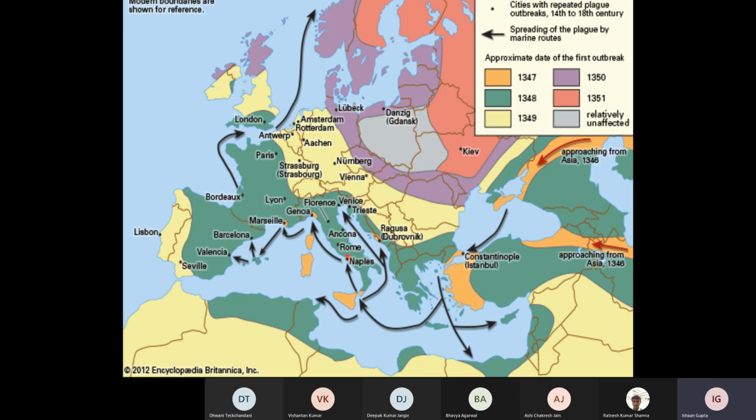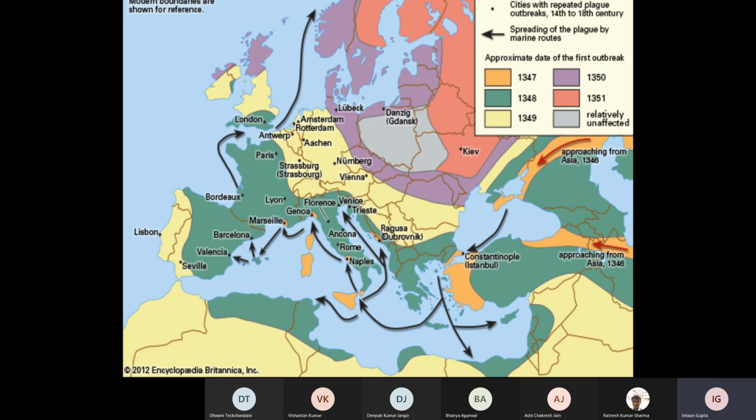Then slowly you see the green areas, it spread. It took 1 year, then it spread further north of Europe and Africa in 2 years. And it further spread to Russia, and this particular region where you have a lot of activity happening currently. It took about 4 to 5 years for this outbreak to happen.